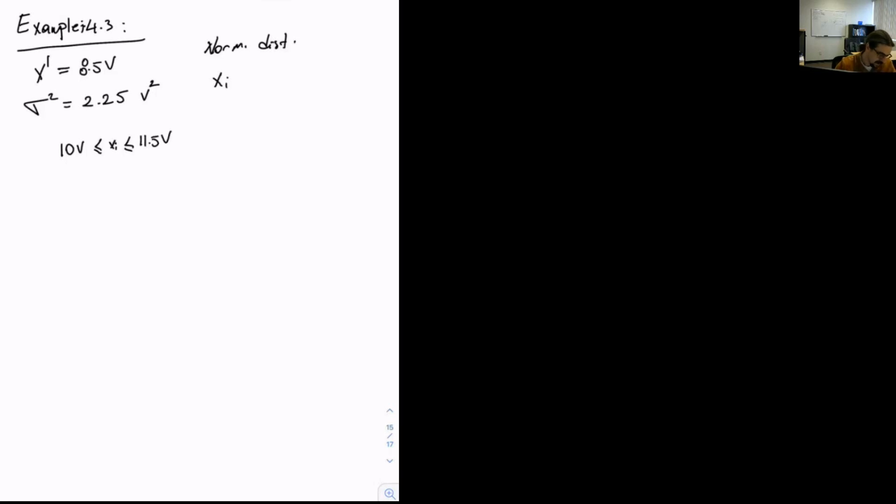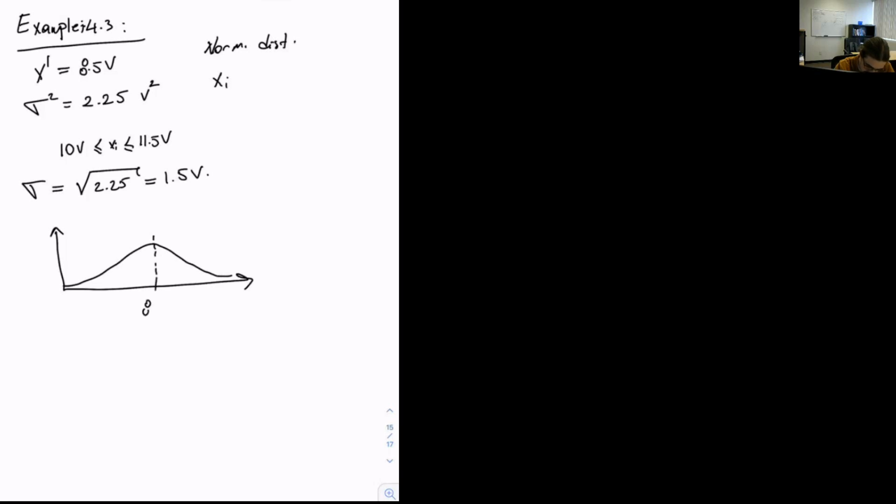From here, we can see the standard deviation is the square root of 2.25, and that's going to be 1.5 volts. So the question is basically asking us that if this is a normal distribution, this is 8.5 volts, because that's the mean.